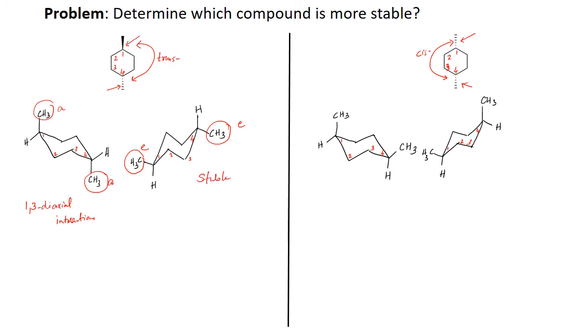Now, when we go to the other cyclohexane, which is the cis 1,3-dimethyl cyclohexane, in each conformation, we have one methyl group that's axial and one methyl group that's equatorial. That means these overall have equal stability.